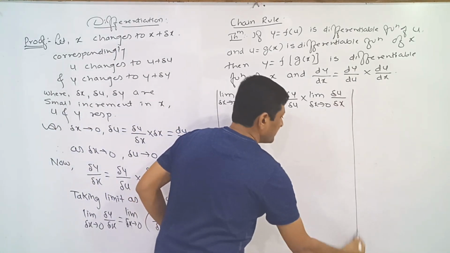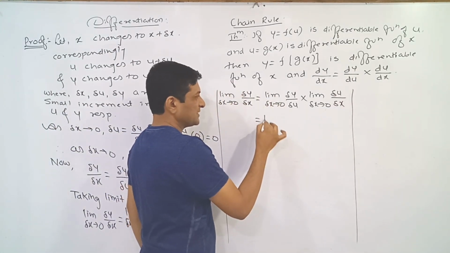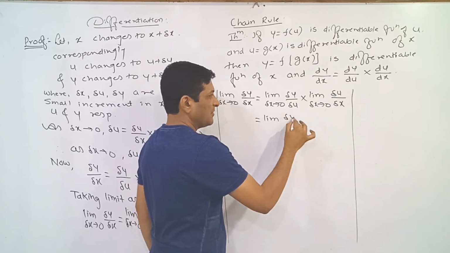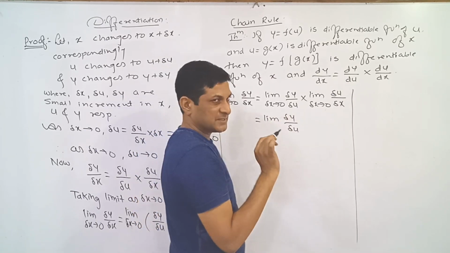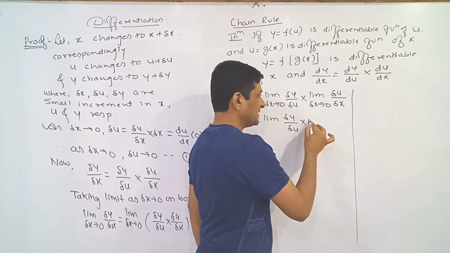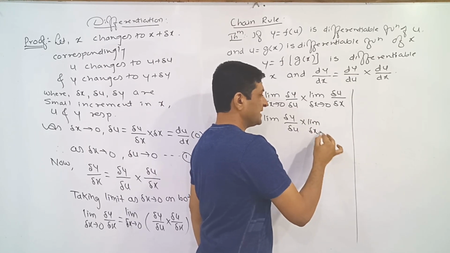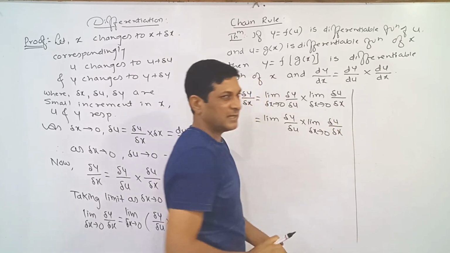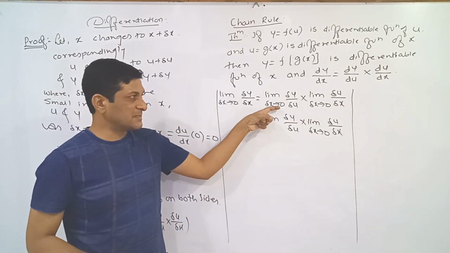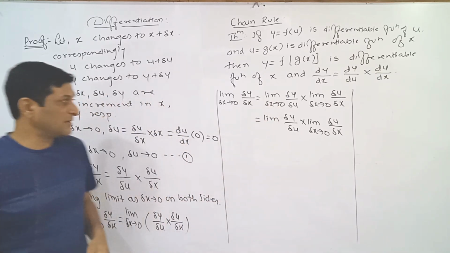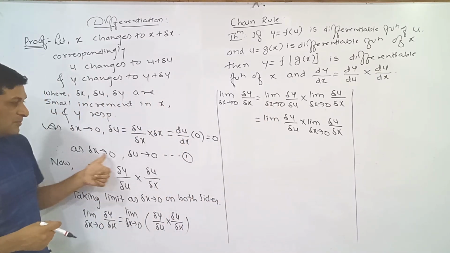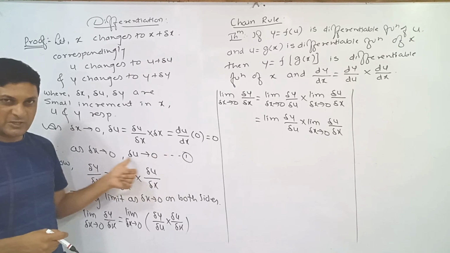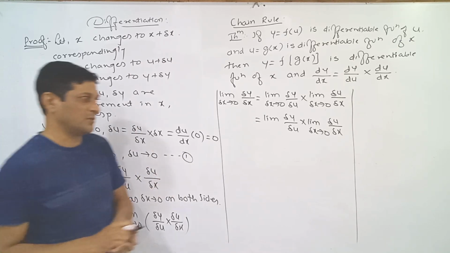Now if you observe very carefully, here this limit of Δy/Δu, keep it as it is. Keep the next term also as it is, limit Δx tends to 0, Δu/Δx. Now we are replacing Δx tends to 0 by Δu tends to 0 from equation number 1, which we have already proved here.